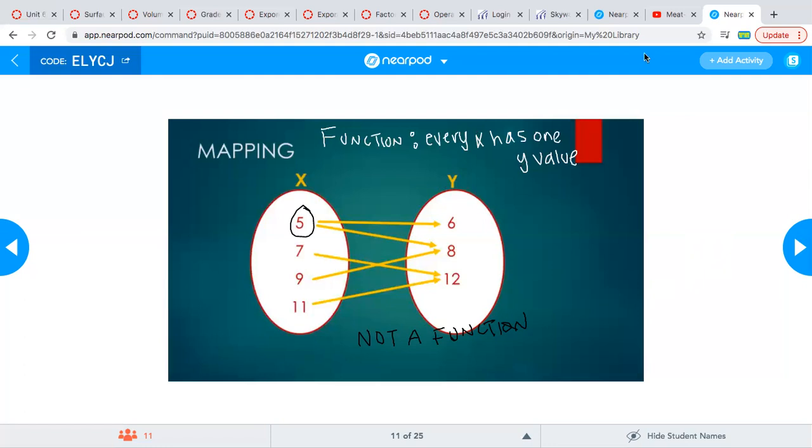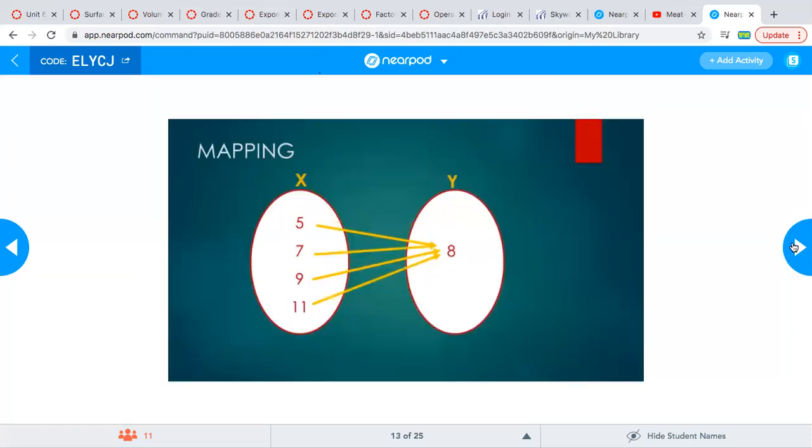The next one you do not have to write down. Just look at it, and I'm going to give you about 10 seconds to think about it. This is just showing that 5 has two y's. Think about the definition of a function: every x has one y.